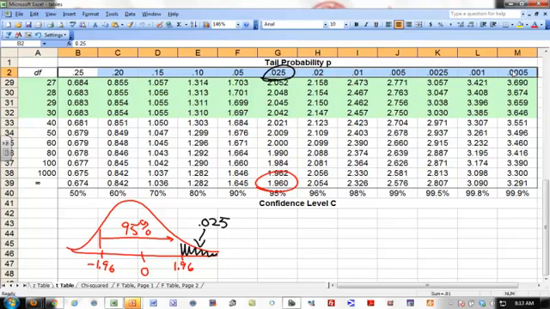So the top row, the very first list of numbers, are what's referred to as the upper tail probabilities. By the way, there's also 2.5% down there because it's symmetric.